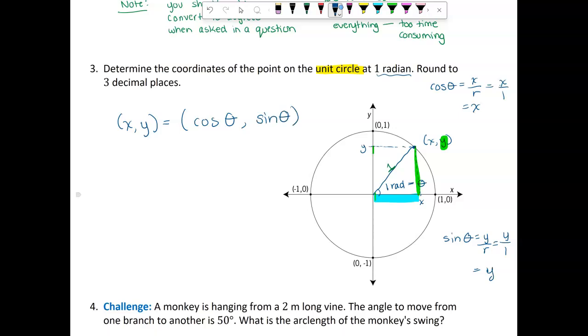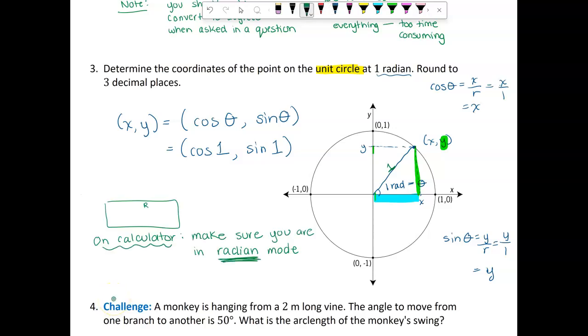In this case, when we're talking about radian measure, we want the coordinate of 1 radian. So we're really just looking for the cos of 1 and the sine of 1. But when we punch this into the calculator, we're not talking about 1 degree, so we have to change the calculator into radian measure. How do we do this? On your calculator, make sure the tiny letter at the top is R instead of D for degrees.